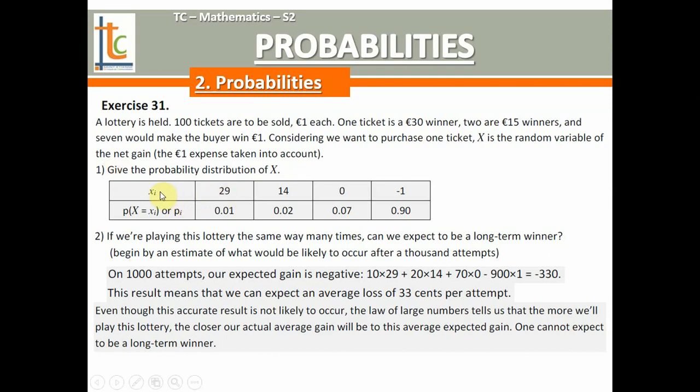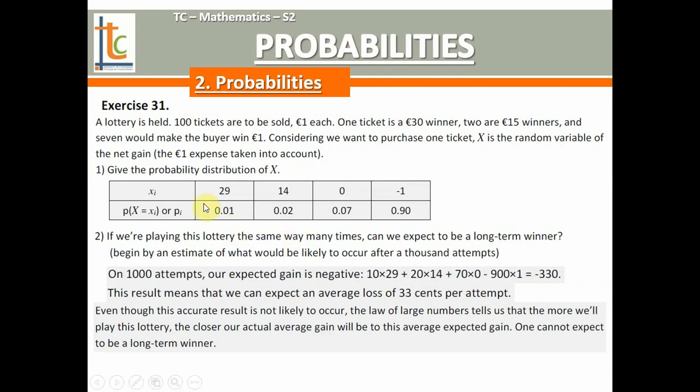Since this is exactly the same kind of table as in statistics, you can use the stat mode of your calculator, enter the values of x in the first list, the values of p as frequencies in the second list, and ask your calculator for results in one variable statistics.